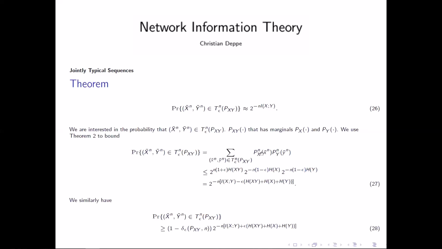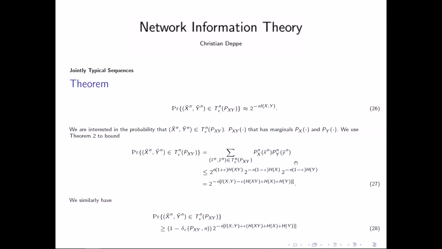Now, we know that x^n is also typical, so we can estimate its probability by 2 to the minus n(1 - epsilon)H(X). And we know that y^n is also typical, therefore we can estimate it by 2 to the minus n(1 - epsilon)H(Y).